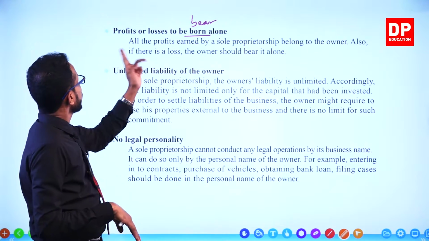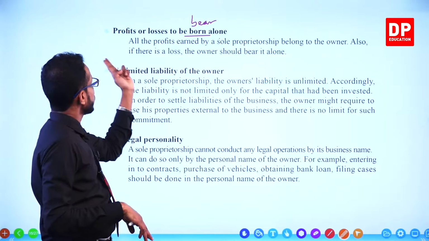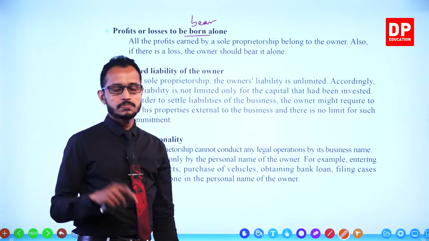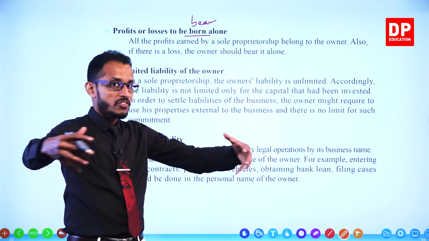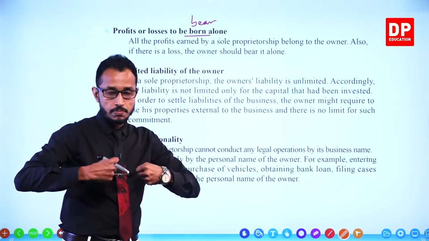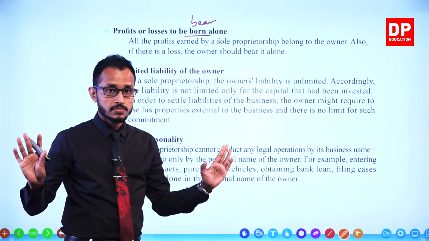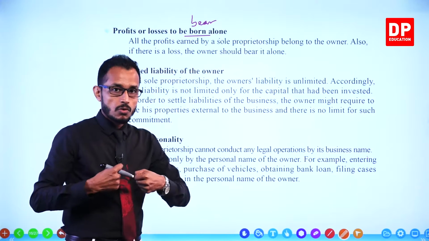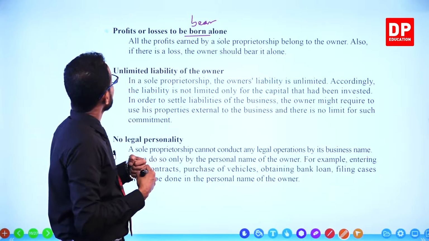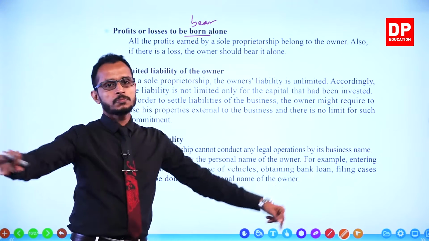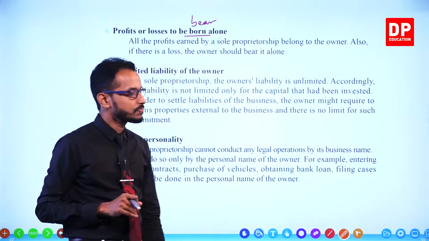All the profits earned by a sole proprietorship belong to the owner. If you get a profit, you get the money to keep. It's for you. You don't have to share it. All yours. If it is a loss, all gone. That is also something you have to bear alone.